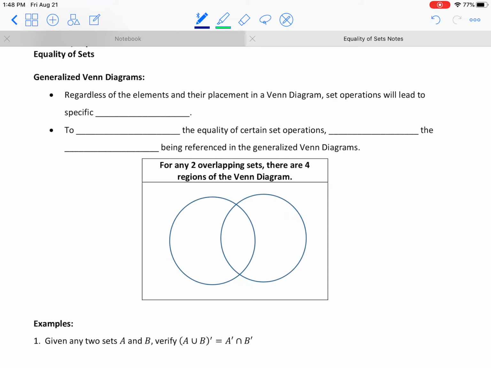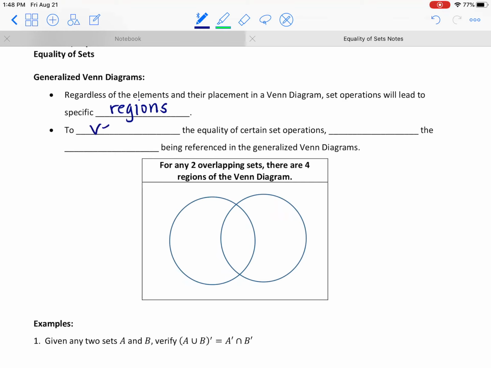okay? So regardless of the elements and their placement in a Venn diagram, set operations are going to lead to specific regions in that Venn diagram. And what we're going to be trying to do is compare different sets of operations and see, does this set of operations lead us to the same regions in a Venn diagram as another set of operations?